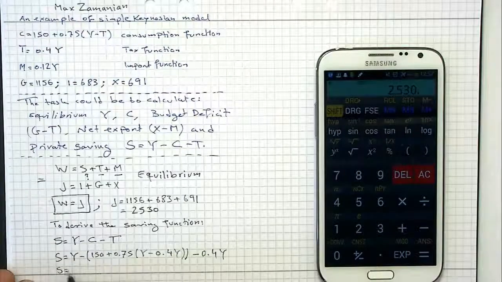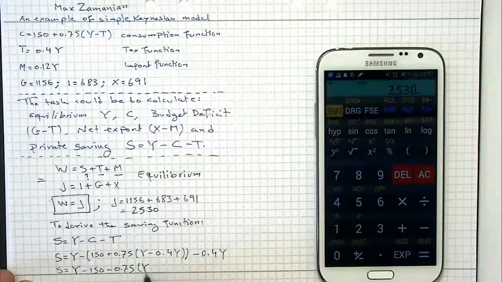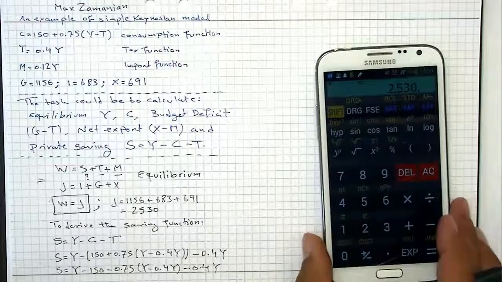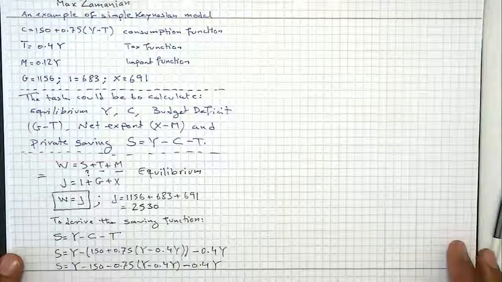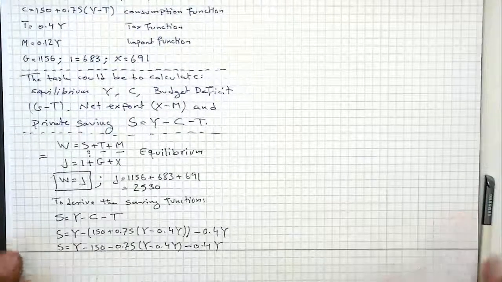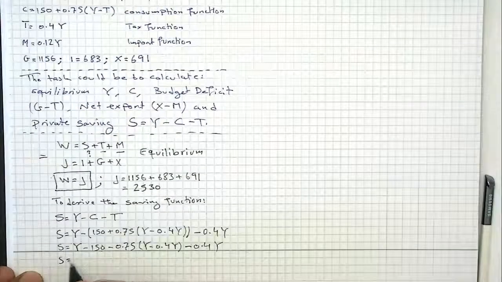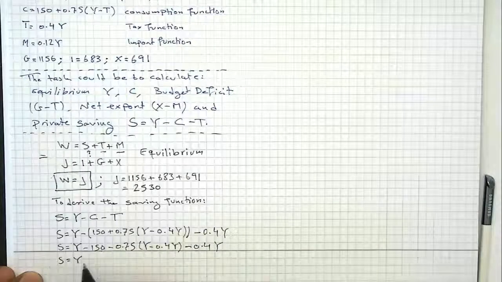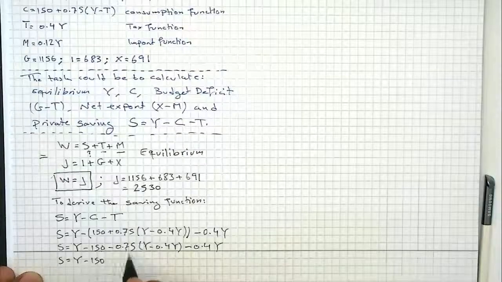So now we need to do some simple algebra to sort out these terms. So I start with Y and multiply through this minus. So minus 150 minus 0.75 Y minus 0.4 Y. Then I have this minus 0.4 Y. Next, I would like to get rid of this parenthesis.